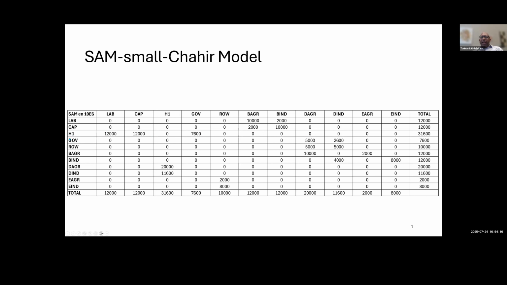When we read the SAM, here we have the income of the households, the representative household in this model. Here we have the salaries, here the return on capital, and there the transfers from the government. These are the components of the income of the representative household.